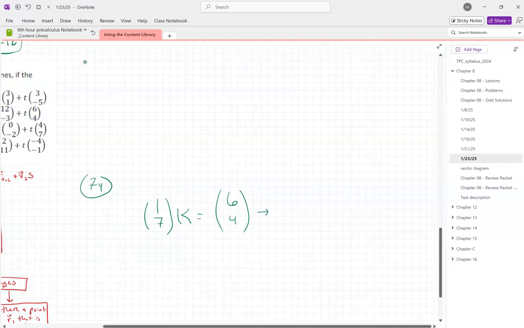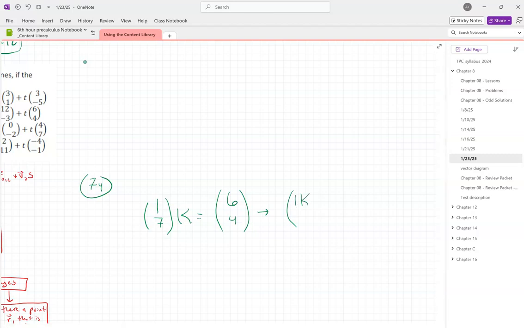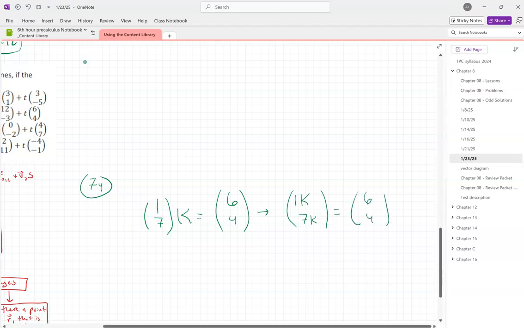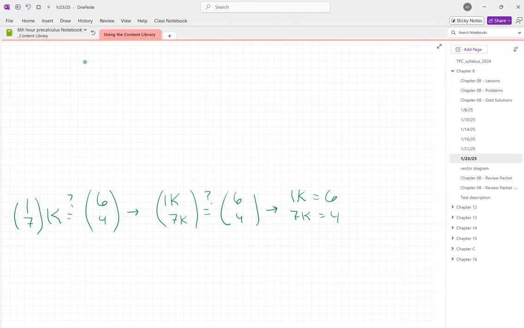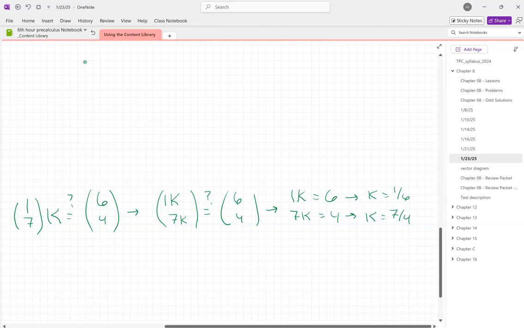So if I scalar multiply 1, 7 with k, that's basically 1k, 7k. And I know those two vectors are equal if each component is equal. So for these two vectors to be equal, k would have to be 1/6 to make the x component equal, and would have to be 7/4 to make the y component equal.